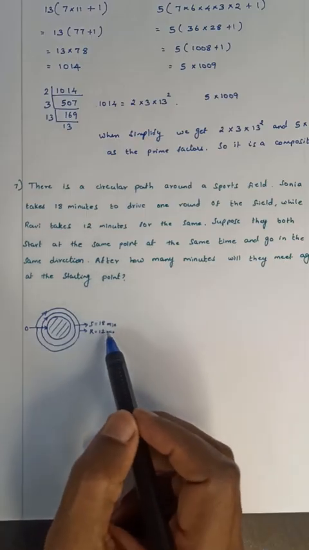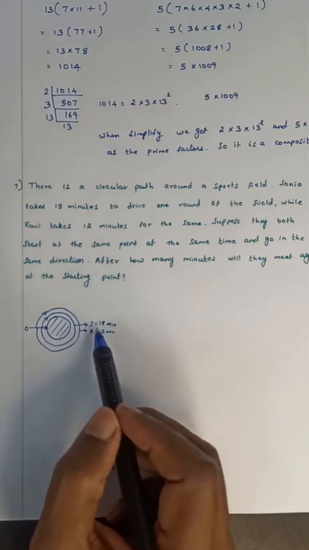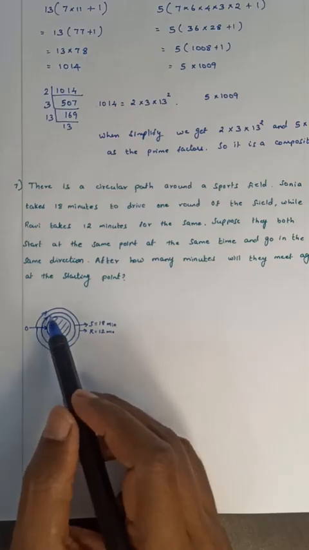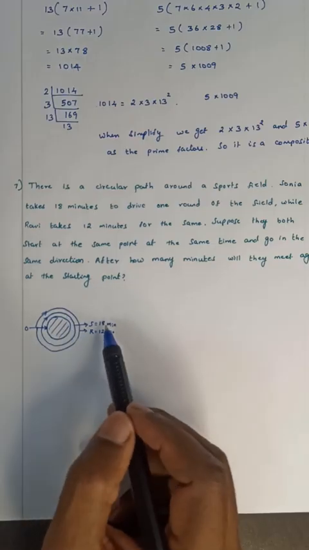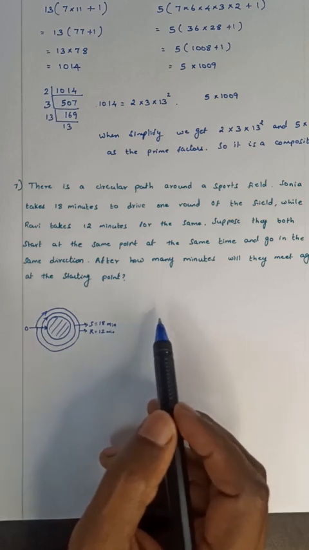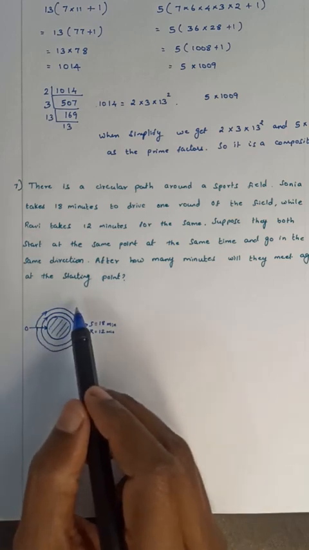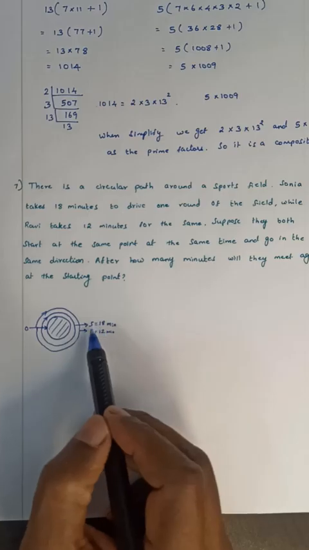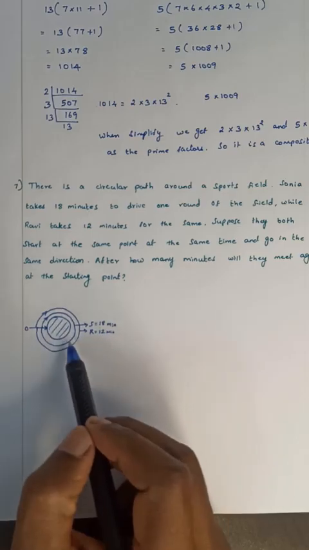For the first round Sonia takes 18 minutes, and for the completion of the second round she takes 18 into 2, that is 36 minutes. Like that, they go round the ground.